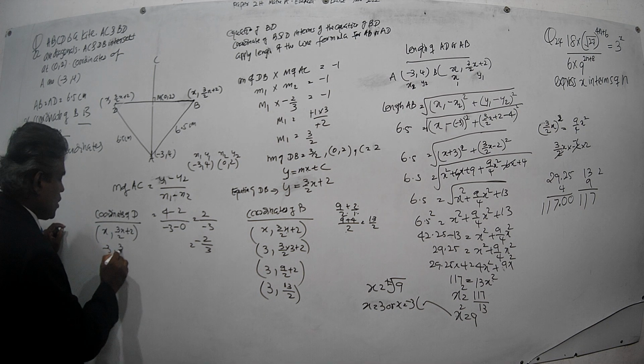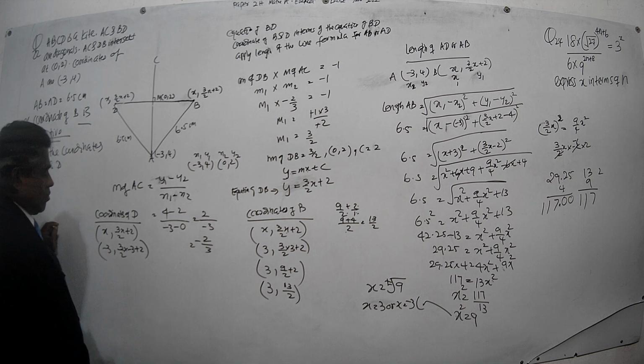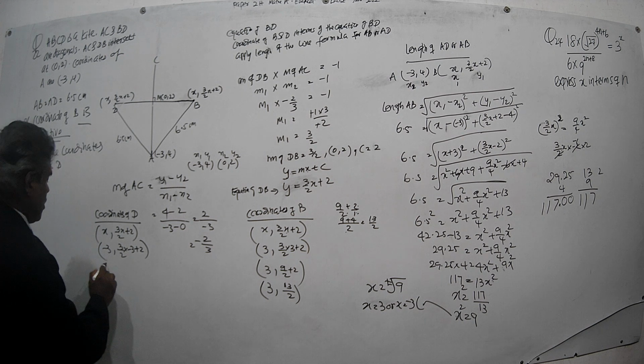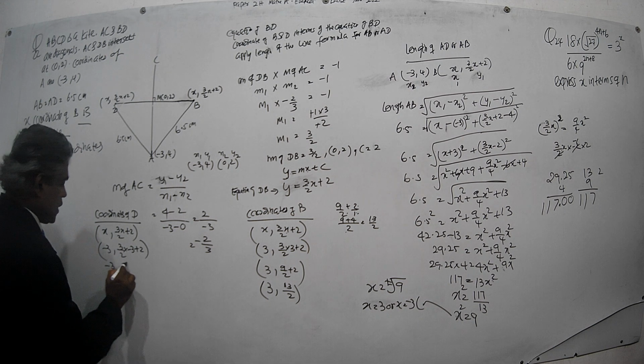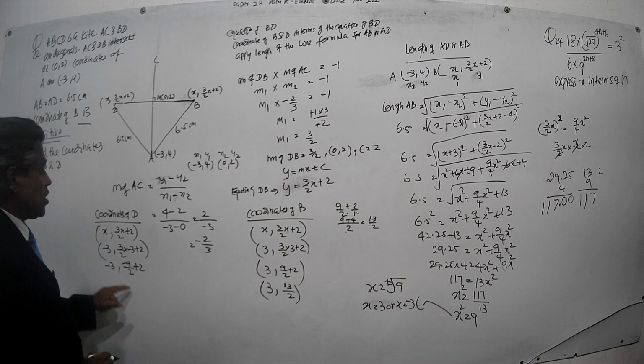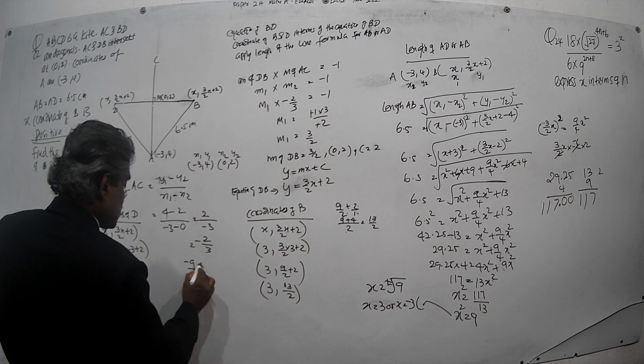Then y will be 3 over 2 into minus 3 plus 2. Right. Then minus 3 times minus 3 is minus 9 over 2 plus 2. Then we can simplify this also like this: minus 9 over 2 plus 2.